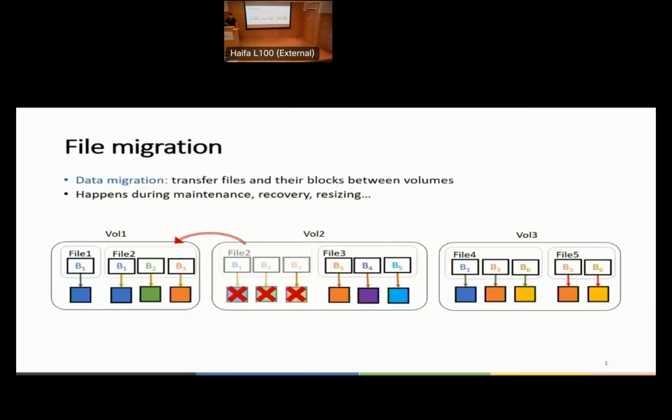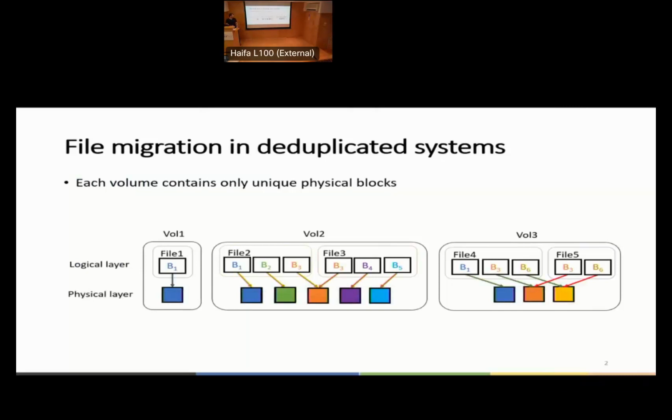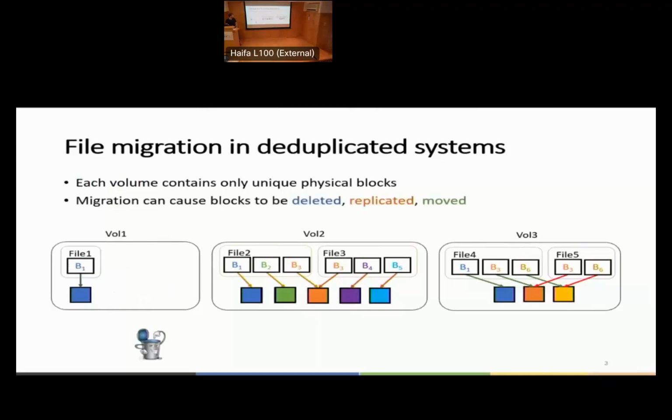Now we're going to talk about file migration in the deduplicated system. In this case, as we said before, each volume contains its own unique set of physical blocks, and each server implements deduplication within itself. So if we want to migrate file 2 from volume 2 to volume 1, what actually happens is a bit different.